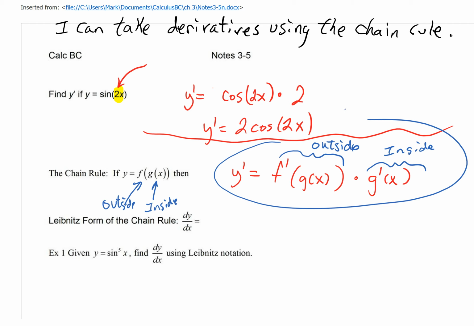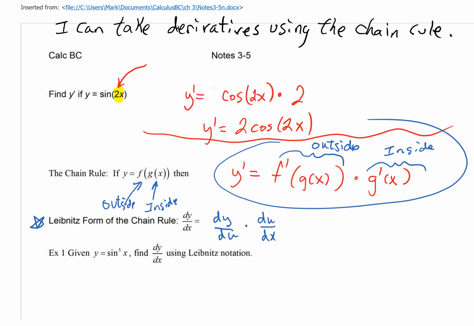And you're going to find that when you take the chain rule for multivariable functions, you're going to need to know Leibniz's form of the chain rule. Leibniz's form of the chain rule is effectively this: dy/dx is going to be dy/du multiplied times du/dx. So very often when kids look at this, they will say, wait, don't the du's cancel out?